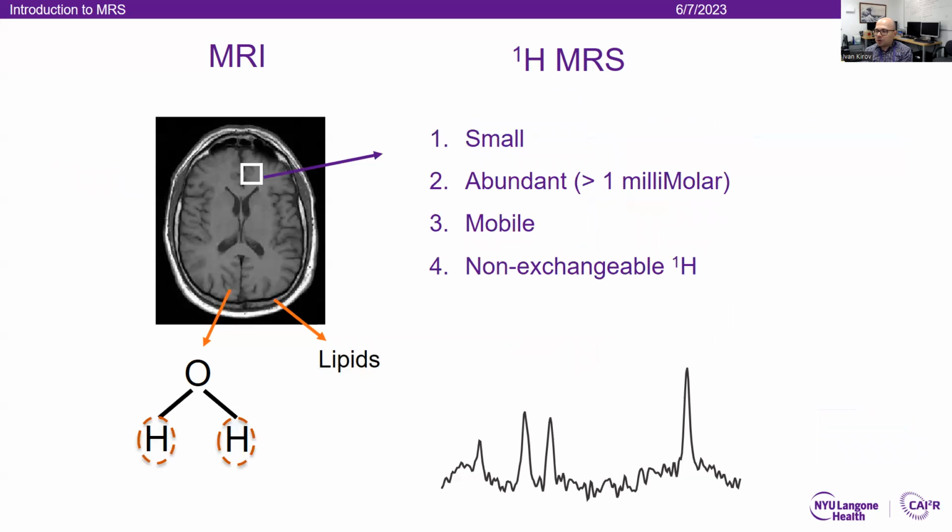Okay, what can we expect to see on this spectrum? What kind of molecules? They need to be small. They need to be present in relatively large amounts. They need to be mobile, and the protons that are detected should not be exchangeable with the surrounding water.